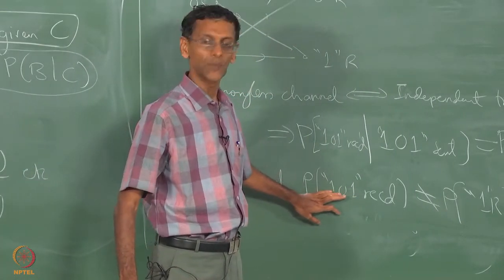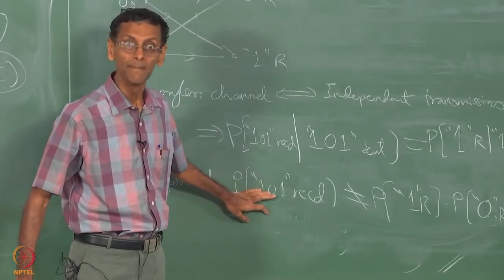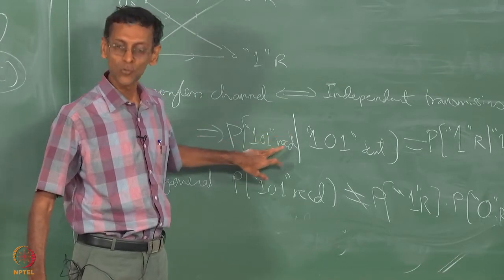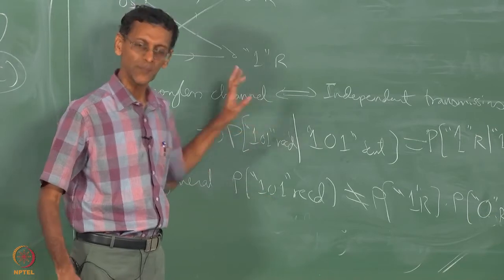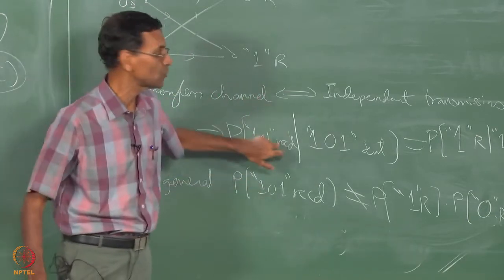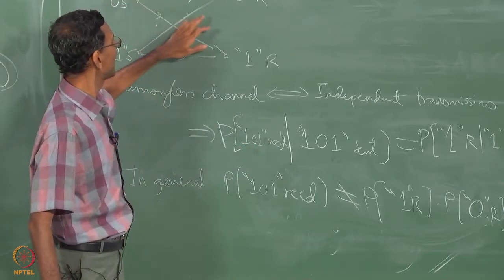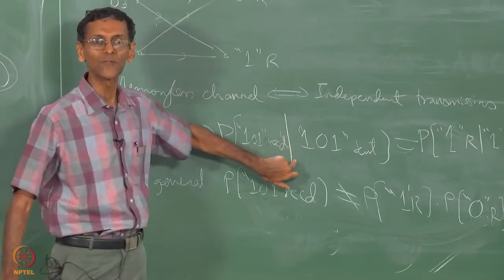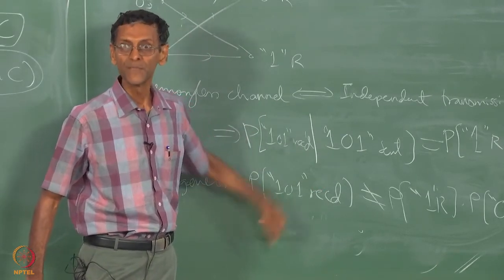This overall probability requires you to know how the input sequence 101 was formed. The conditional one does not; it looks only at transmission. The overall one is a combination of both the transmission and the input and prior probabilities. This one requires only transition probabilities. So if you know, for example, 0 given 0, 1 given 0, those things, that's enough to write this out, whereas for the overall one, that's not enough. Is that clear?